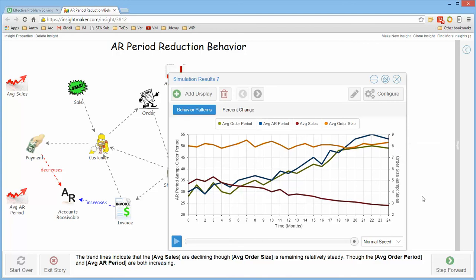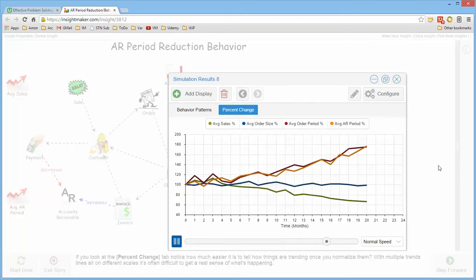The other thing that I would offer you, that when you look at multiple trend lines on different scales, it's often difficult to get a sense of what's really happening, though if you normalize all of the trends to percentages and look at them on a different scale, it becomes very easy to see that a couple of them are trending upwards while one of them is trending down while another one is remaining the same.